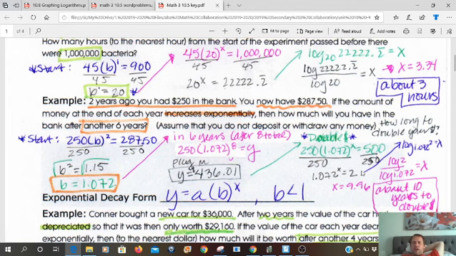Divide by 250, and that would just be 2. Then you log base 1.072 on one side and log base 1.072 on the other side, and solve for x. So x would equal about 10 years to double it. So it would take 8 years to get $436, and then to double your money, it'd actually take 10 years. So that was just kind of an added thing there.